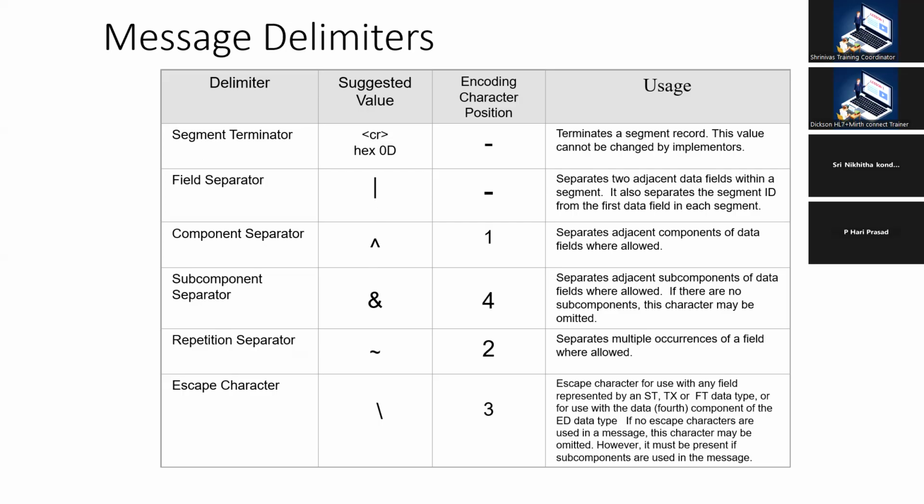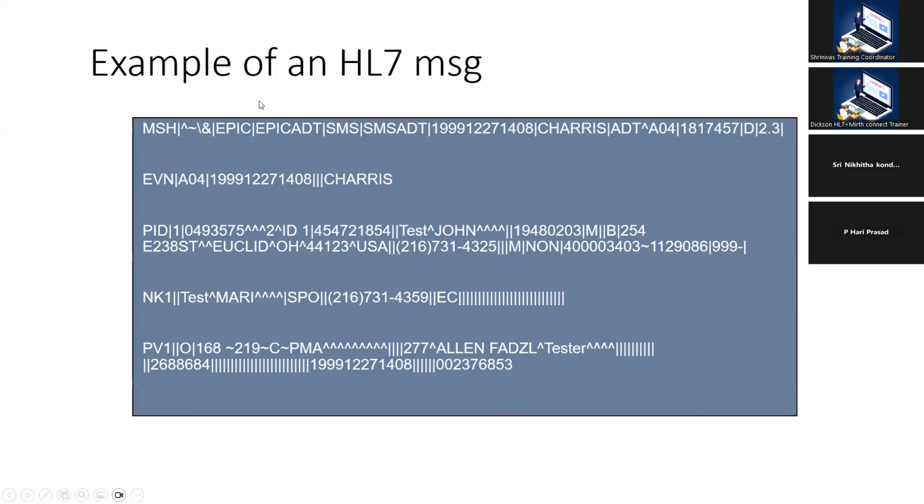Okay. Now let us take a look at the HL7 message. So this is how an HL7 message would look. As you can see here, every segment is divided from one another, and each segment has its own name. Every segment begins with a three-letter acronym.